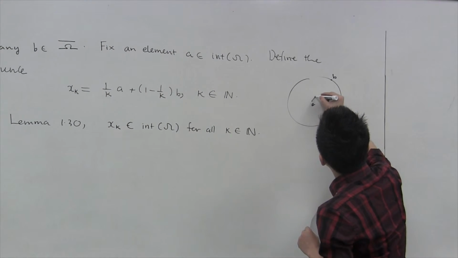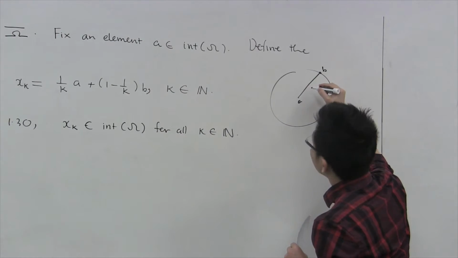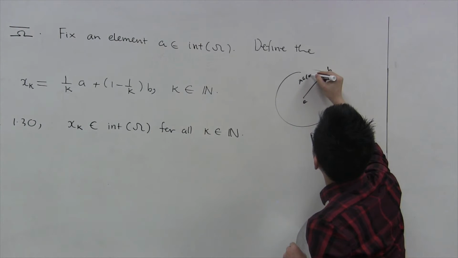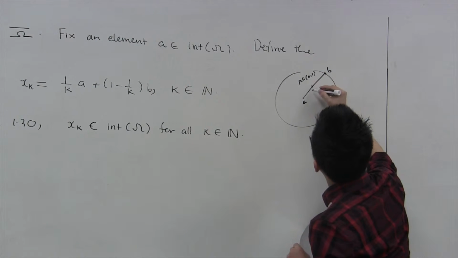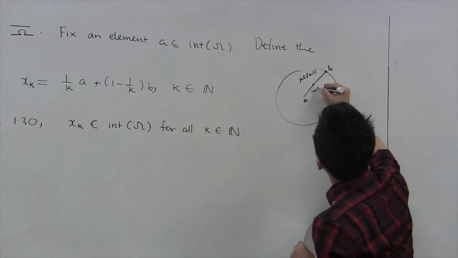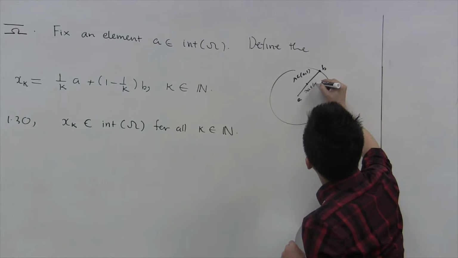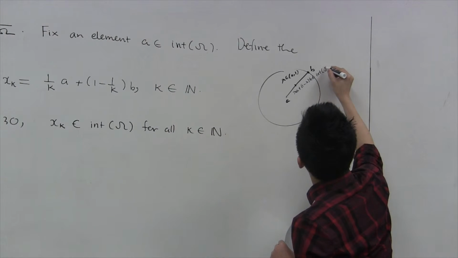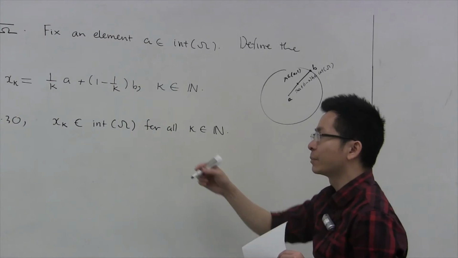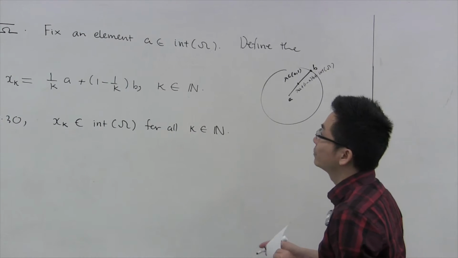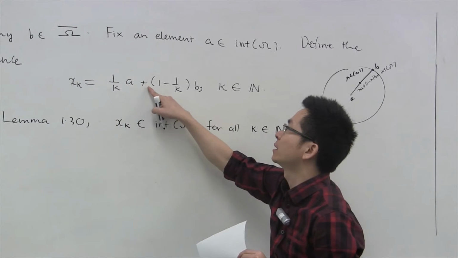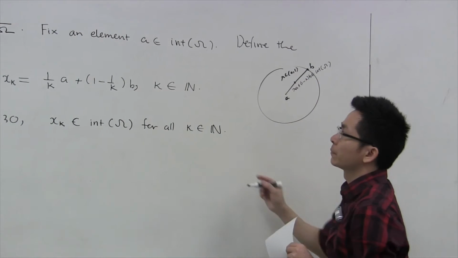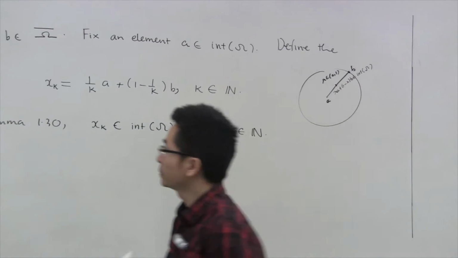So if we take any lambda in the open interval (0, 1), then lambda A plus 1 minus lambda B belongs to the interior of omega, as in lemma 1.30. So in particular, 1 over k times A plus 1 minus 1 over k times B is in the interior of omega.